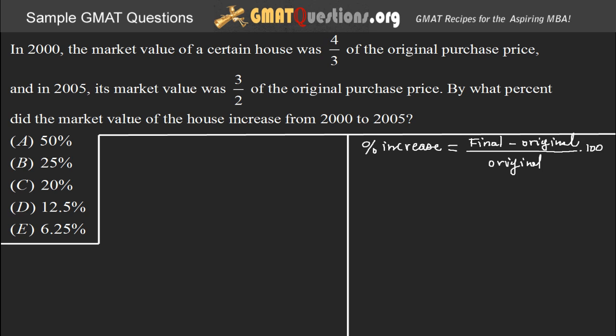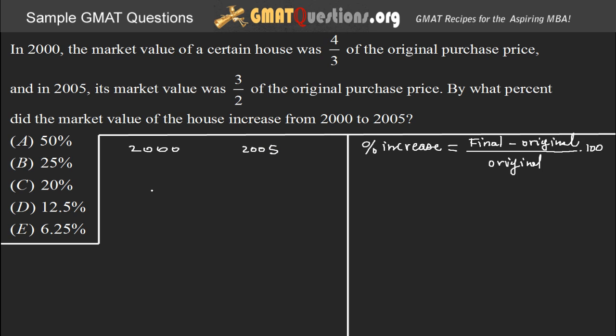It is a pretty simple question, and we just need to make sure we deal with it as fast as we can. So, what we're going to do here is say that we have 2000 and we have 2005.